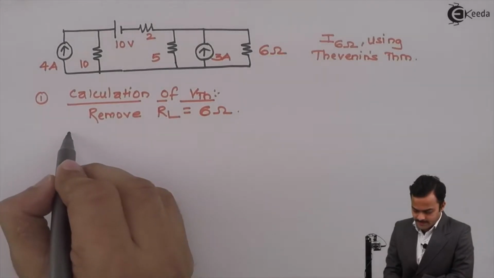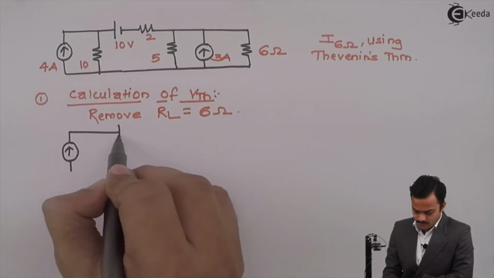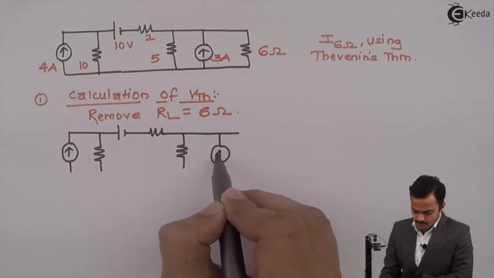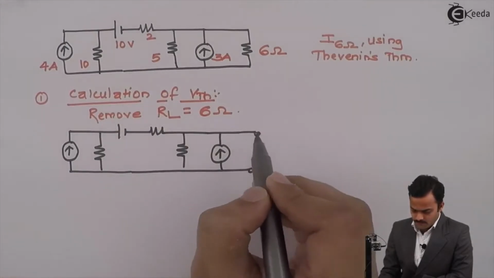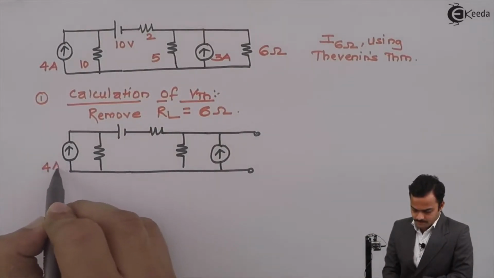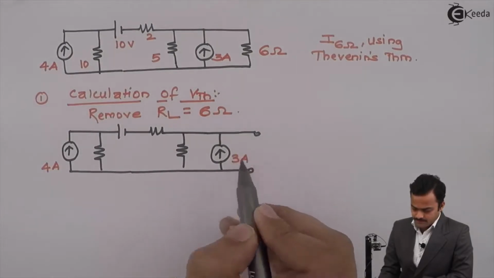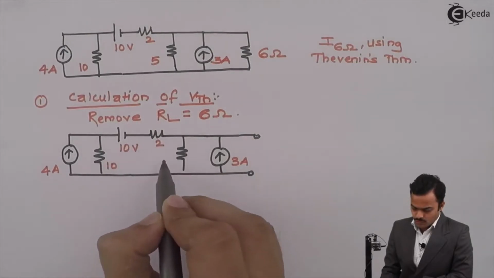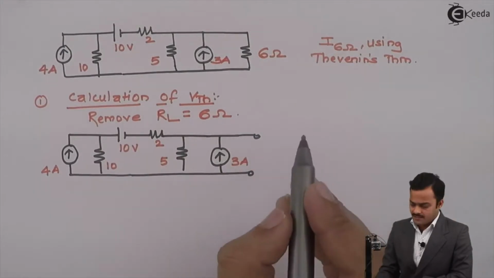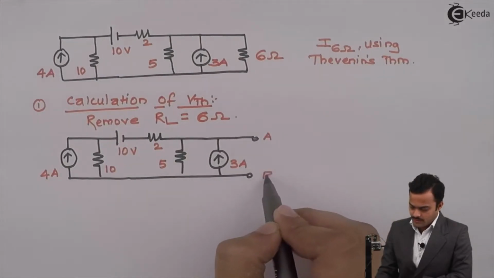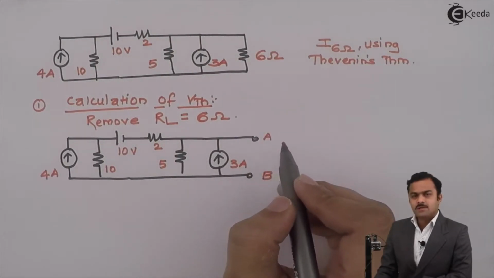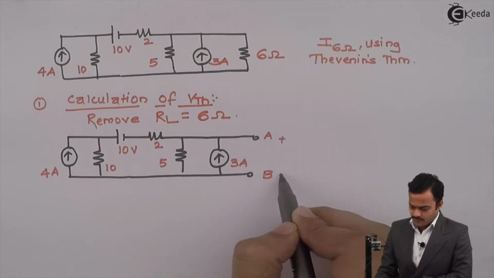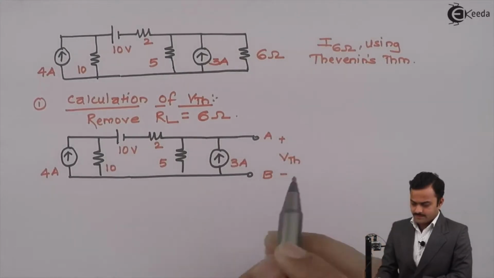The circuit will look like this: 4 ampere, 3 ampere, 10 volt, 10 ohm, 2 ohm, 5 ohm, and RL we have disconnected, leaving behind two terminals A and B across which we are supposed to find out a voltage which we call VTH. Let's assume VTH having a polarity like this.